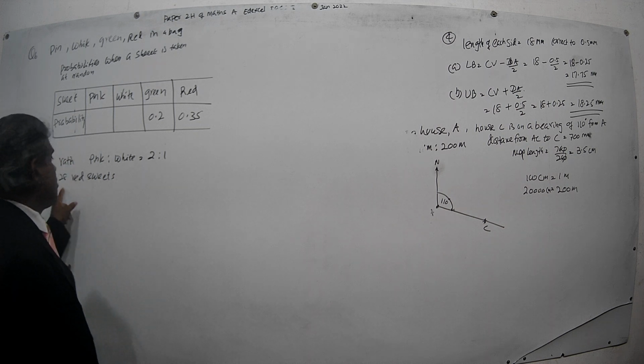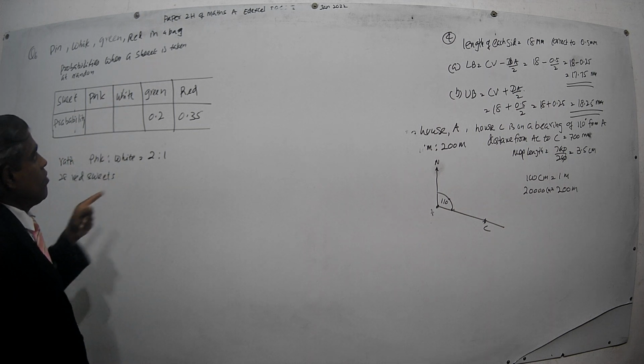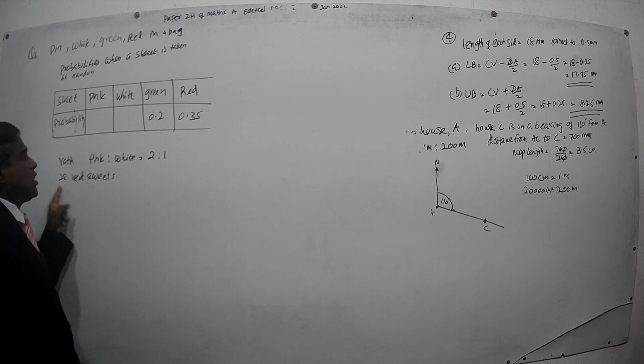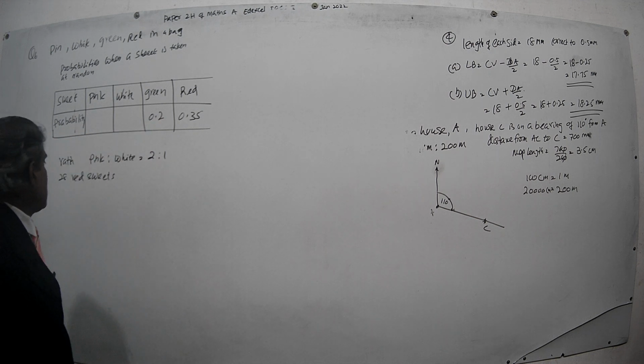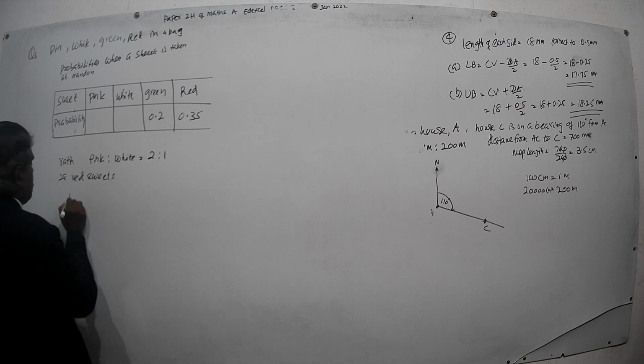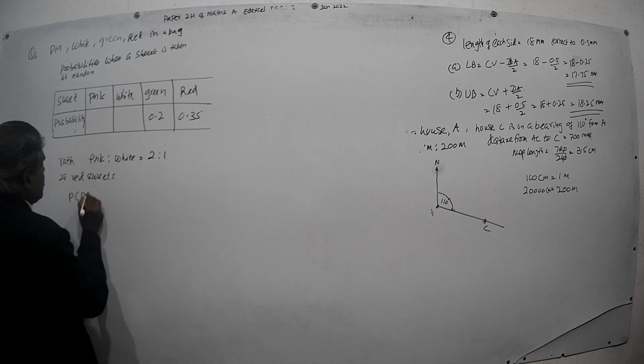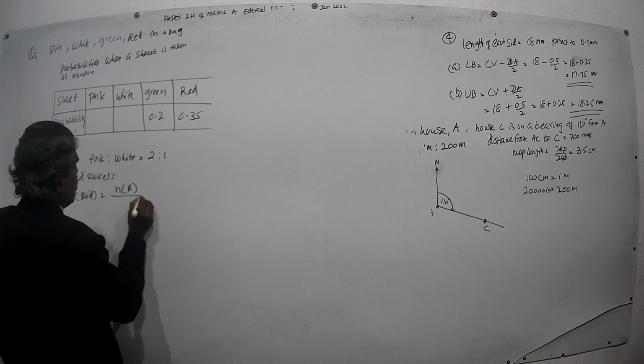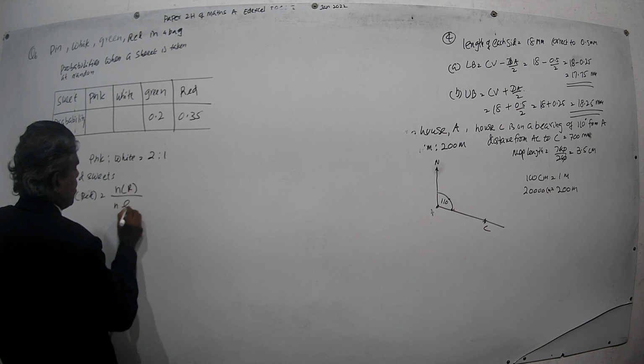Then by using this information, we can find the total number of all sweets, pink or white or green or red, using this information and the probability of red. How do you do that? You write P red, the probability of red, equals number of red over total number.